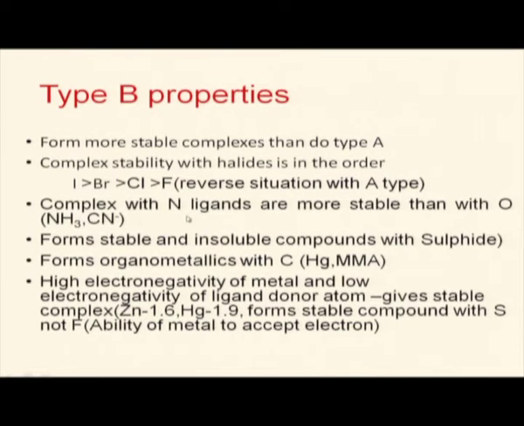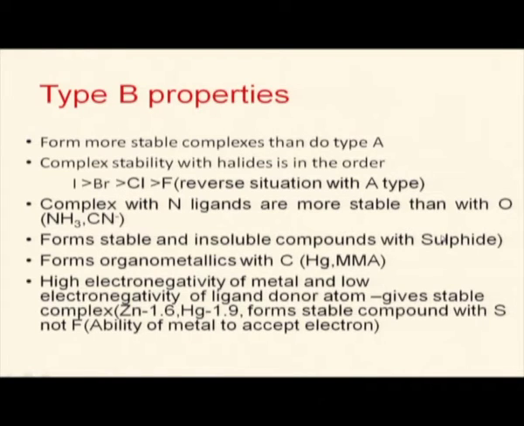Complexes with nitrogen ligands are more stable than those with oxygen-containing ligands. For example, type B metals form ammonia complexes or cyanide complexes, and form stable, insoluble compounds with sulphide. Because of the soft interaction, type B metals form insoluble compounds with any sulfur-containing ligand or sulphide as an insoluble precipitate.